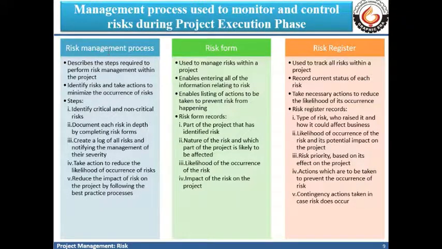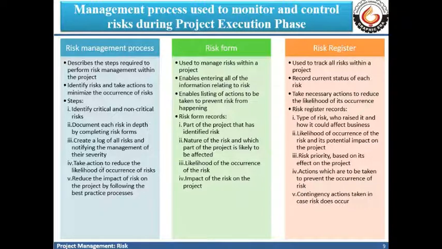So we minimize the occurrence of these risks. Typically, for a risk management process, the following five steps are involved. First, we identify the critical and non-critical risks. Then we document each risk in depth by completing a risk form. Then we create a log or record of all risks, notifying the management of their severity, how severe these risks are.